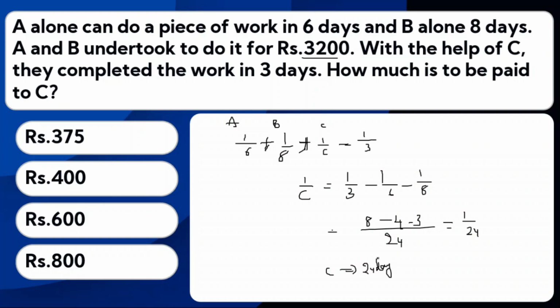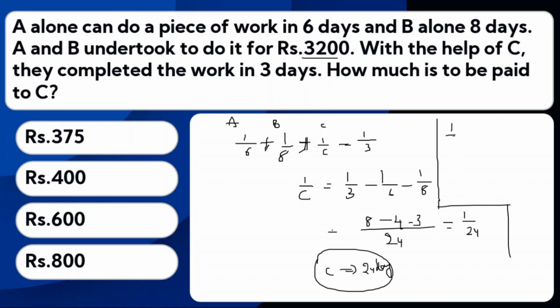But remember one thing, that payments or money distribution always depend upon the per day work. So how much you contribute per day matters. So per day A is contributing 1 by 6th and B is contributing 1 by 8th. C is completing in 24 days, so he can contribute 1 by 24th of the work per day.